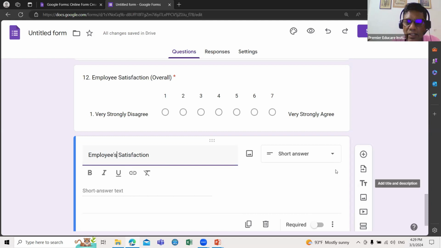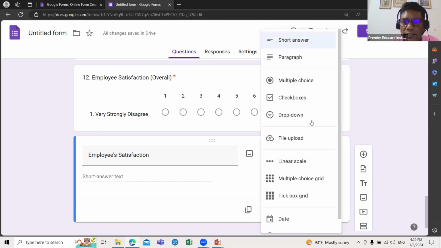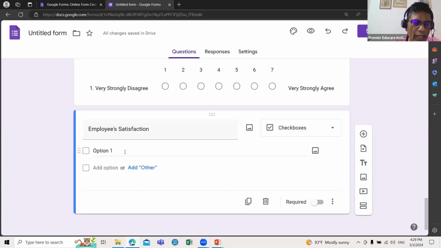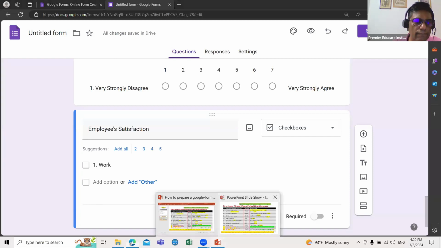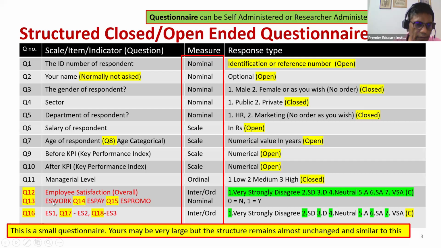So there you have to give the checkbox option for the first time, right? You have to write down what is the first one? Work. If you go here, question number 13, work. Question number 14, pay. Question number 15, promotion, right?